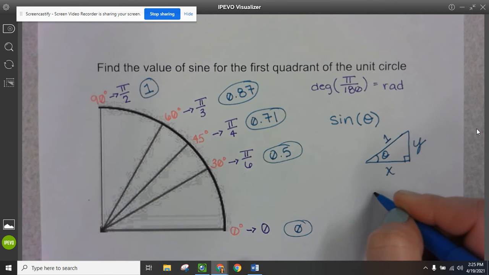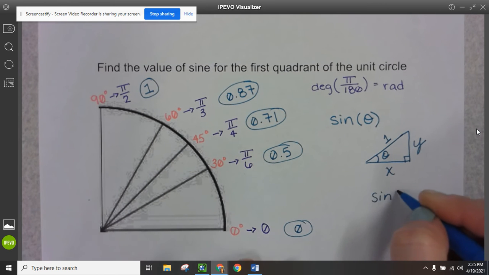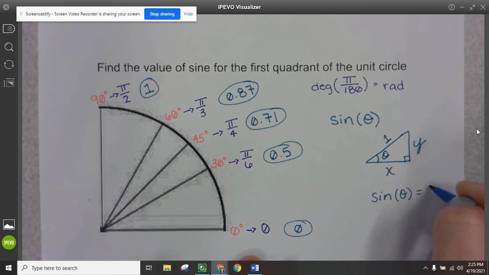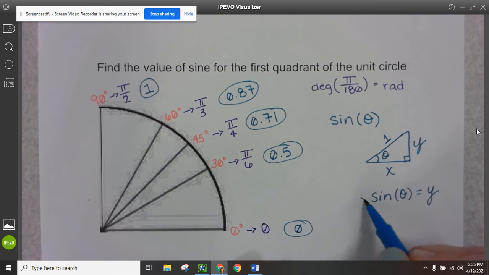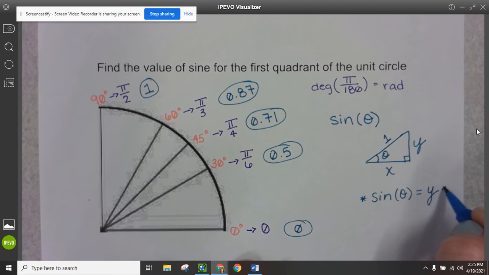So the sine of theta is y over 1, or just y. So this is just something to keep in mind for later on this week. The sine of our angle is the same as our y value.